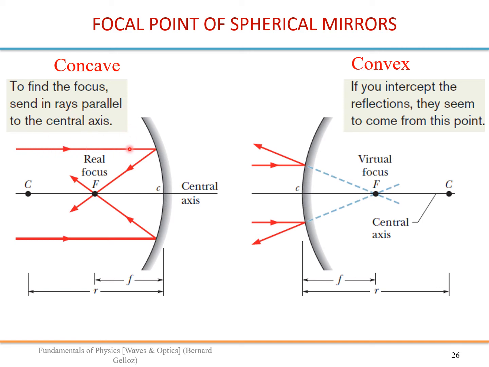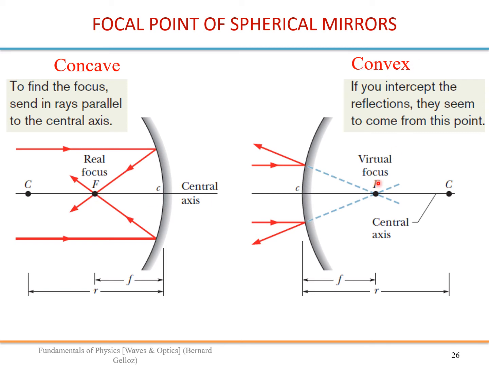For example this one, and we know that it will intersect the central axis at the focus point, which we write as F. This distance, which represents the radius, we will call R, and this we will call F, and this is a real focus point. It is the real rays that will intersect at that point.